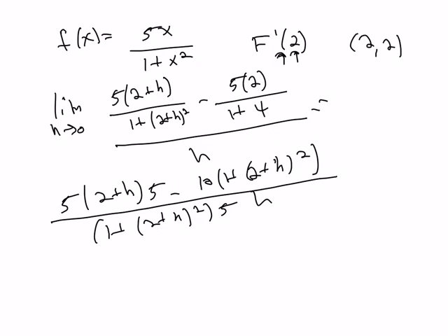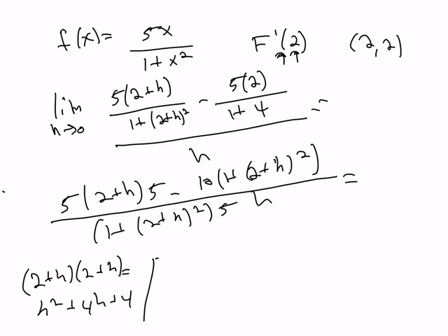Okay, so what is 2 plus h squared? It's equal to h squared plus 4h plus 4. So this is the limit as h goes to 0.